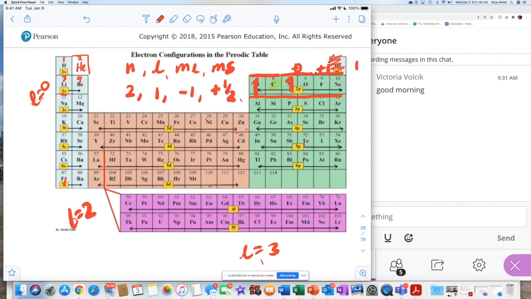If you want to hear that over again, just go ahead and scroll back, rewind this, and then watch that again. Once again, even though carbon that has the 6th electron is positioned here, when you're working on the quantum number, you have to adjust the quantum number based on the new information we got from Hund's rule that says the electrons fill like this first before they come back in pair.